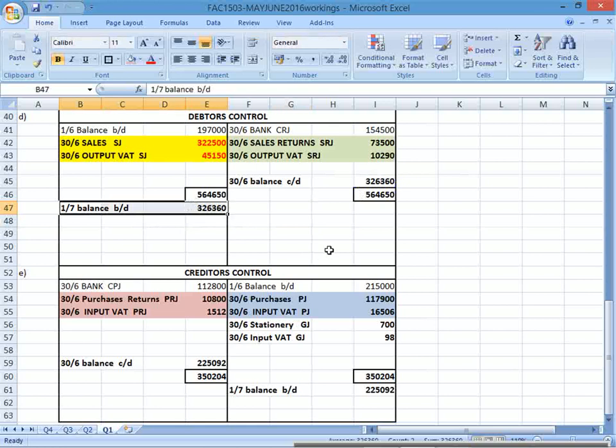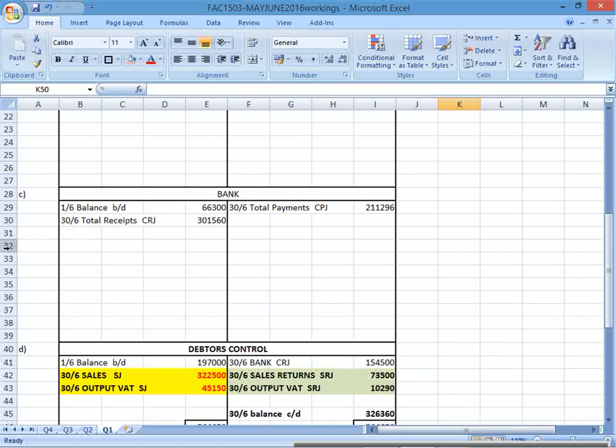There you go. There's the balance for your debtors. Happy with those two accounts? Yes or no? Yes, great. Awesome. Well done.